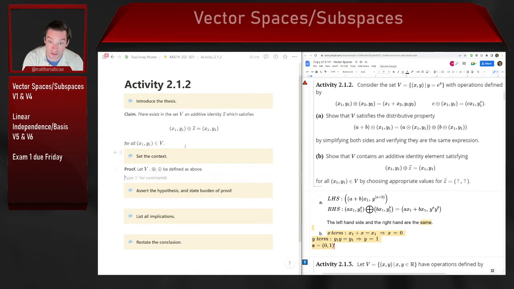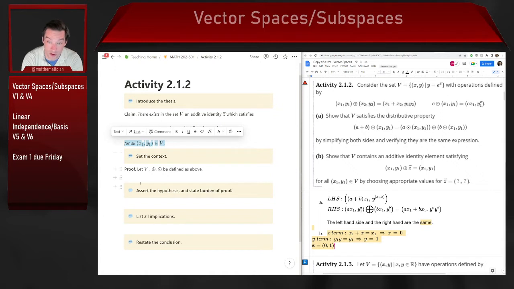But the other thing that we need to be able to assert is we need to be able to tell the reader something about x1, y1. I shouldn't write x1, y1 as part of my proof until in the proof I introduce the reader to what x1, y1 are. Because we have a universal quantifier on x1 and y1, the thing that we're about to write needs to be true no matter what x1 and y1 are chosen.